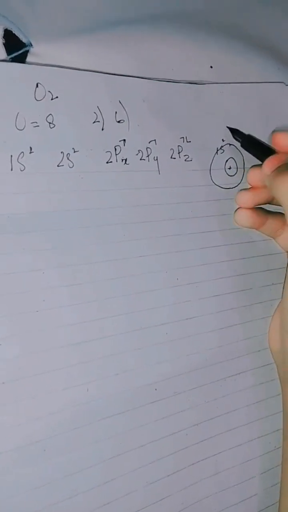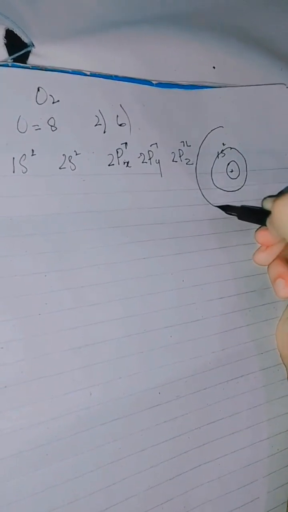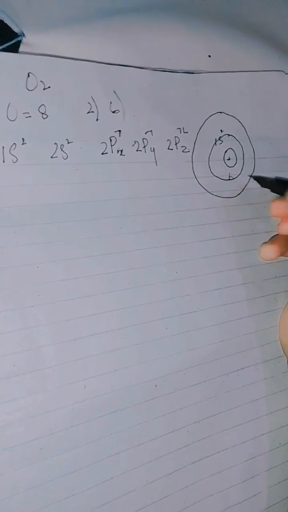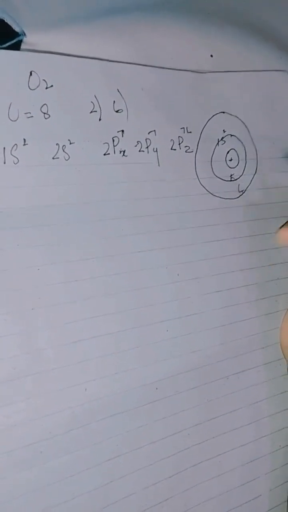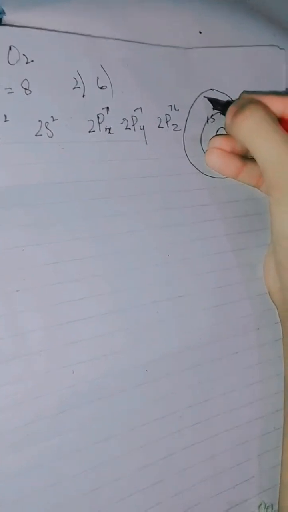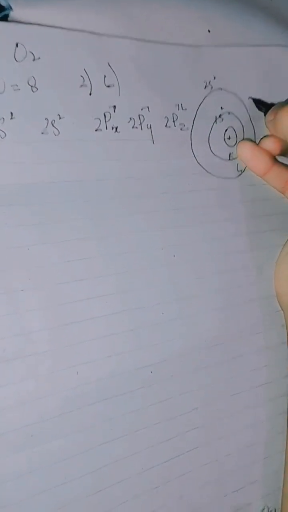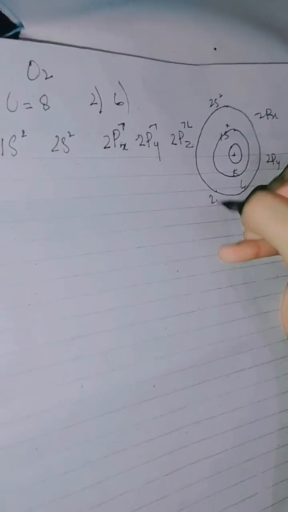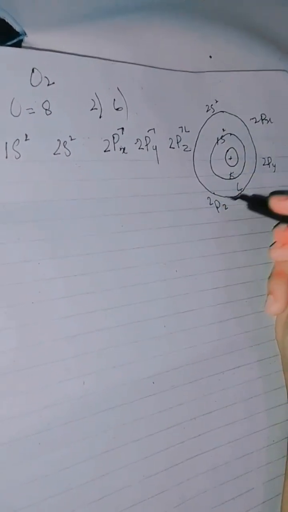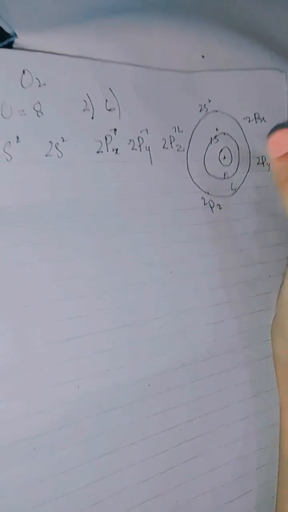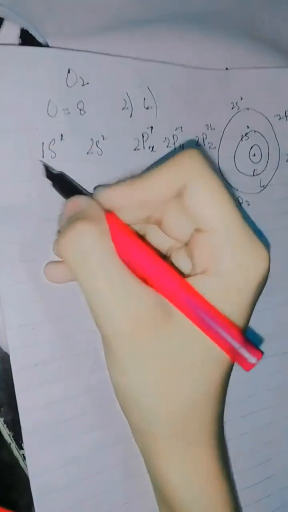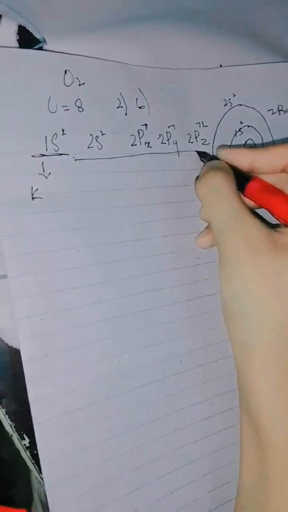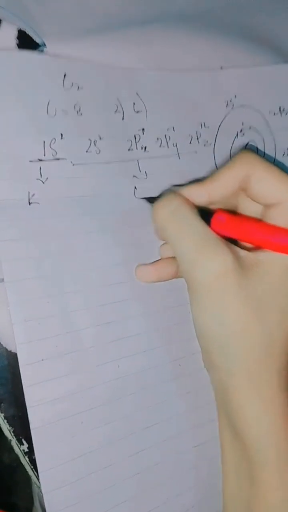Then the second shell, that is L. Here it will be 2s2, 2px, 2py, 2pz. Means there are different orbitals present in the same orbit. This electron comes in the K shell and these electrons come in the L shell.